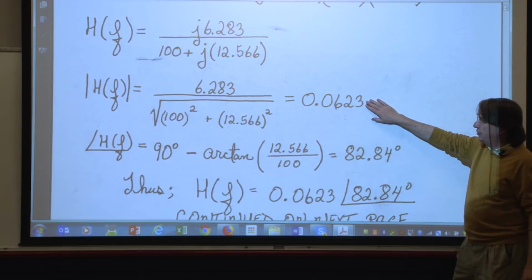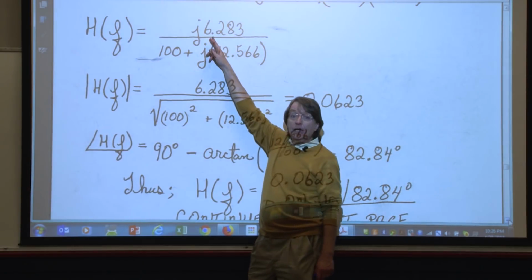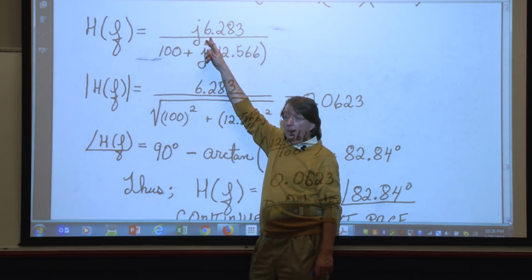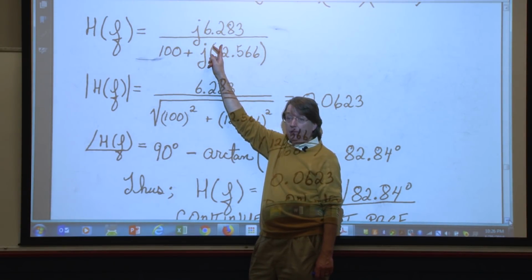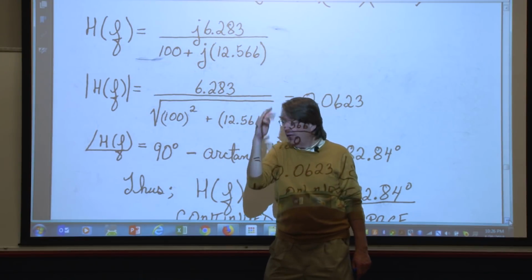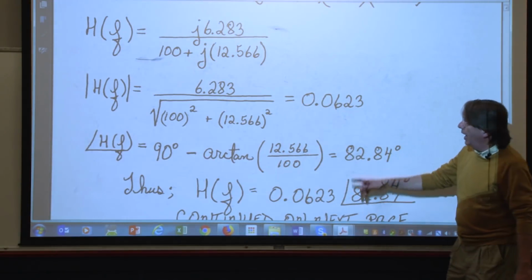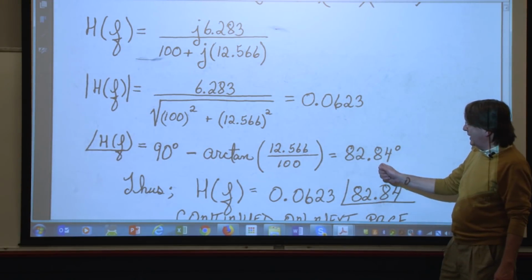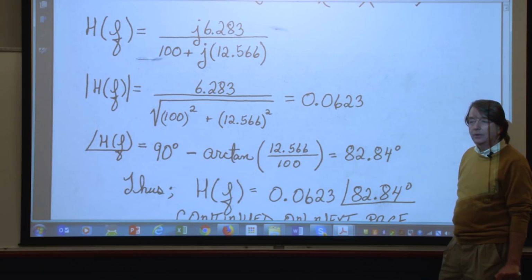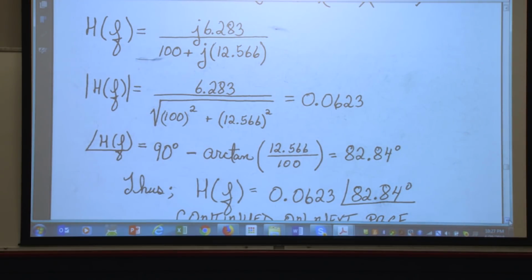I get 0.0623. Now, how do I get the angle? The angle of the numerator minus the angle of the denominator. The numerator angle is 90, since j points straight up. So it's 90 degrees minus the arctan of opposite over adjacent. I get 82.84 degrees. So the magnitude of the transfer function is 0.0623.